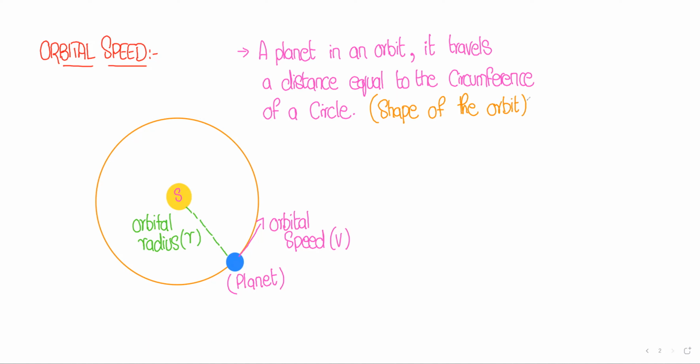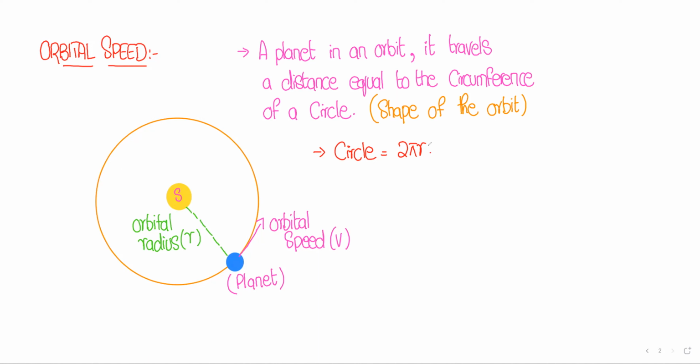We know they are not completely circular, but for simplicity, we consider the shape as circular. The circumference of the circle is equal to 2 pi r, right? So that is the distance covered by a planet in a single rotation, that is 2 pi r.